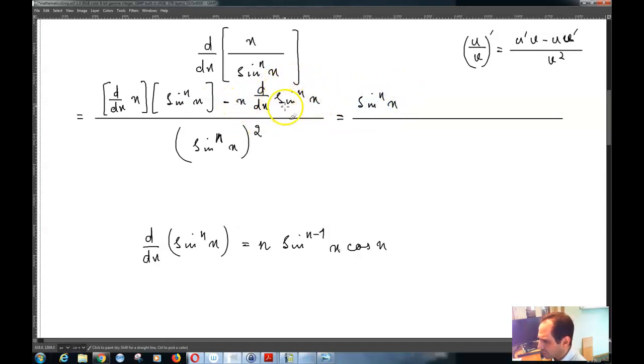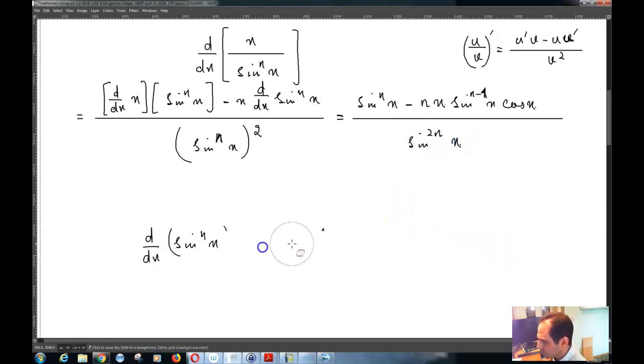Now d by dx of sine raised to the power n of x, we said, gives n times sine raised to the power n minus 1 of x times cos x, and with the minus sign and the x, you have minus n times x times sine raised to the power n minus 1 of x times cos x, over sine raised to the power 2n of x.